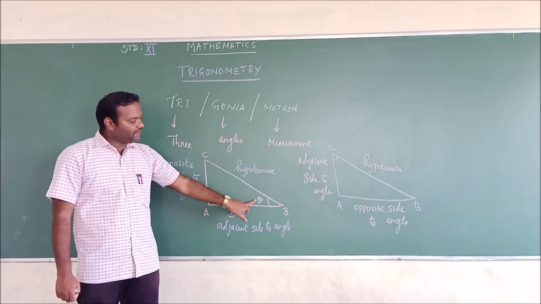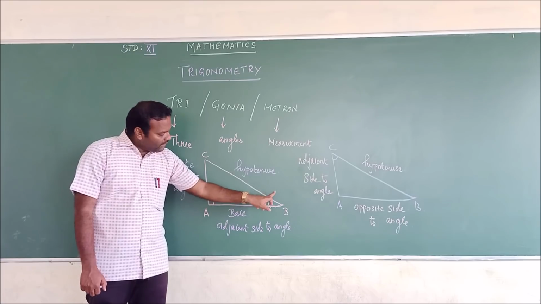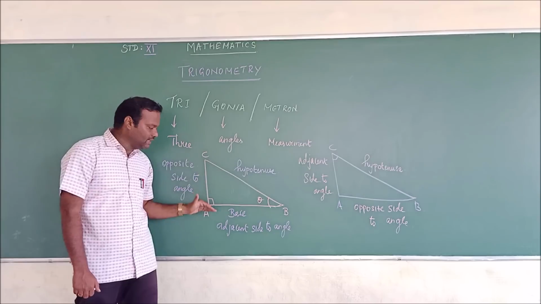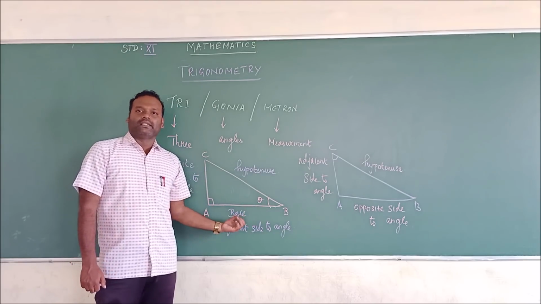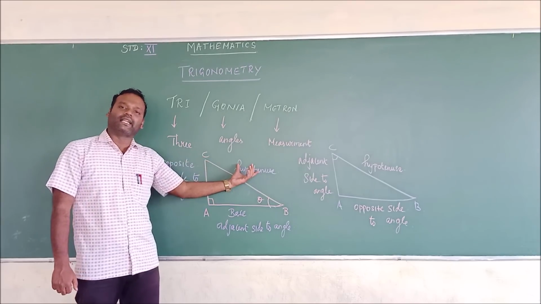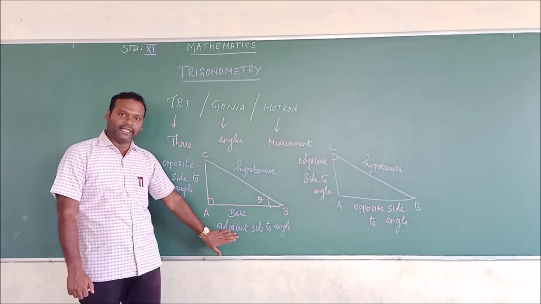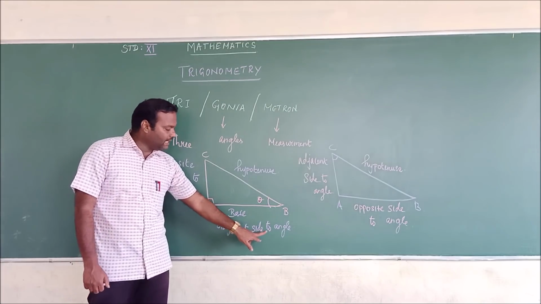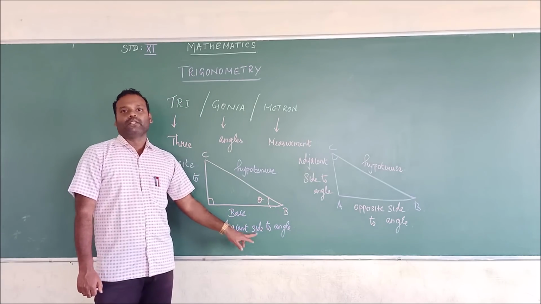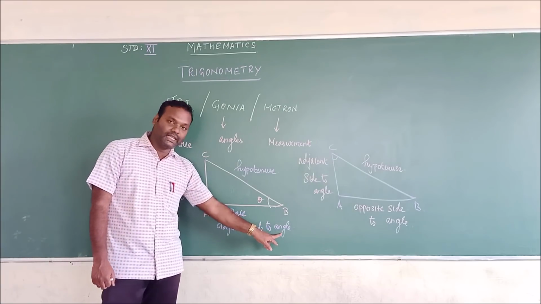Suppose here I have fixed the angle theta. The theta angle cuts two sides, in which one side is lengthy compared to the other side, which is somewhat lesser in length. The side which has more length is known as the hypotenuse, and you name this side as the adjacent side to the angle because it is adjacent to the angle.